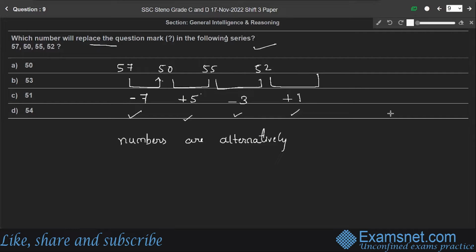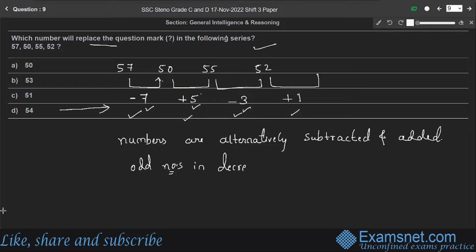These numbers are odd numbers in decreasing order. Forget about the signs, only the numbers are in decreasing order. Therefore, the next number is 1 with a positive sign, right? 52 plus 1 is 53. So the last number is 53. Option B.